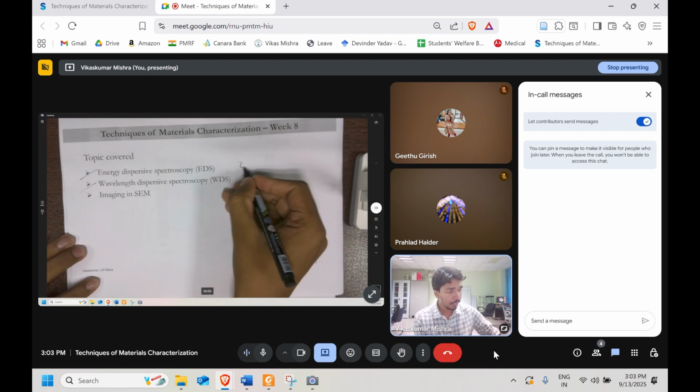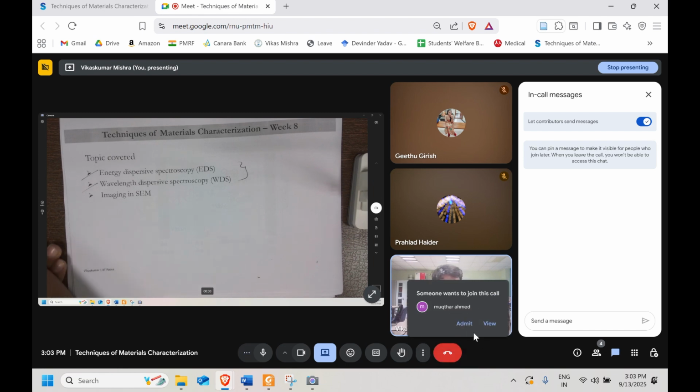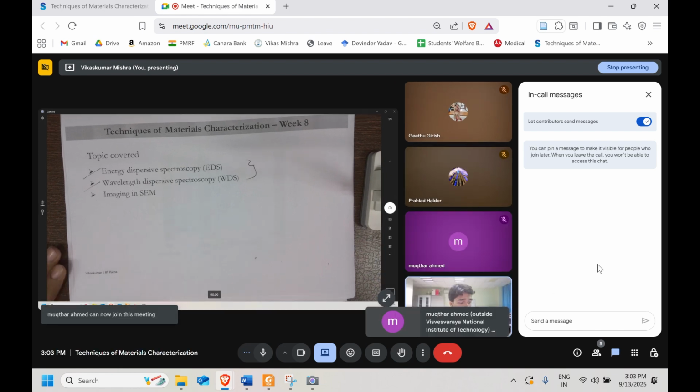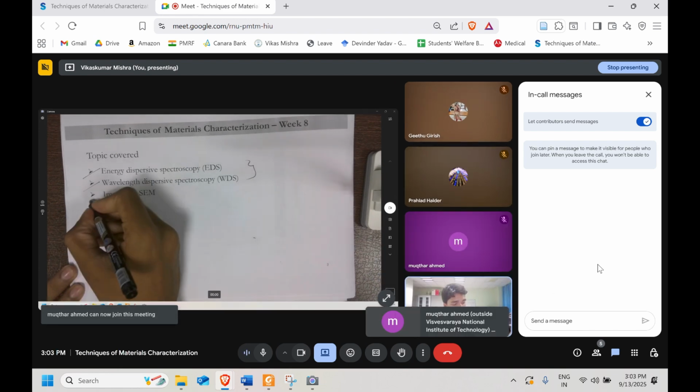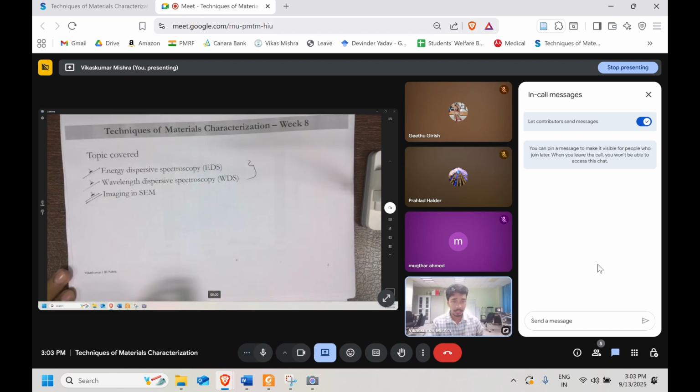Both are analytical methods, and we were trying to find the composition from them, like whether the stoichiometry is disturbed somewhere, or some chemical information. Then at the end we also discussed the images in the SEM. In a general way, this is the list of topics covered in this week.